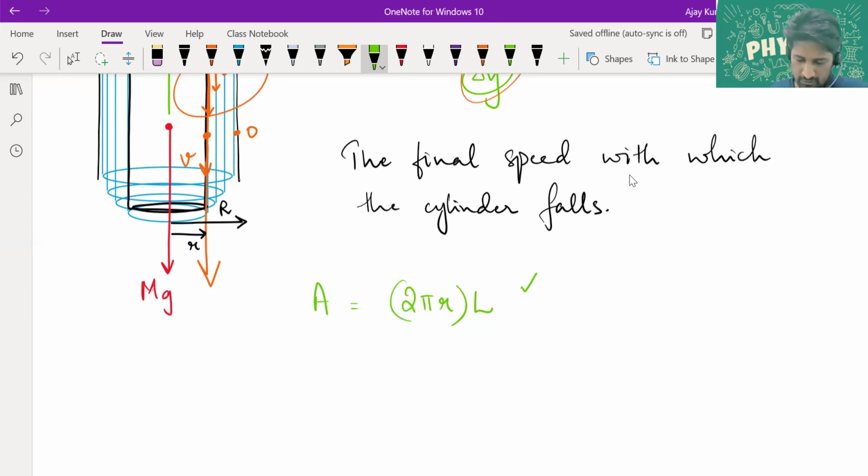What else do we need for viscous force? The formula is eta A delta V divided by delta Y. In that case we called it Y, that's fine. Basically, it's the separation between layers.